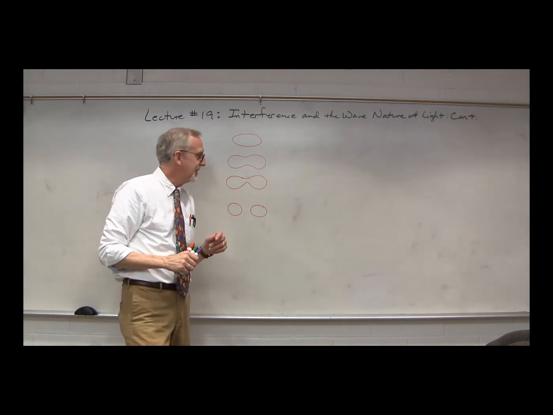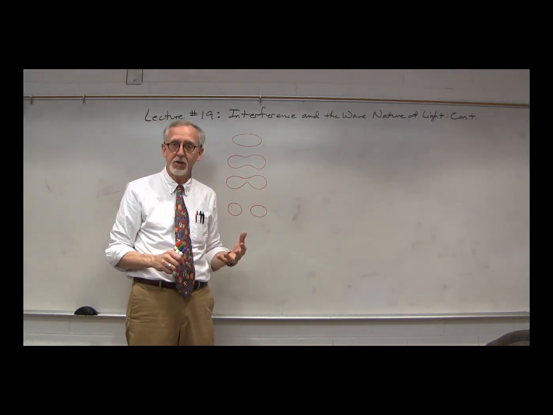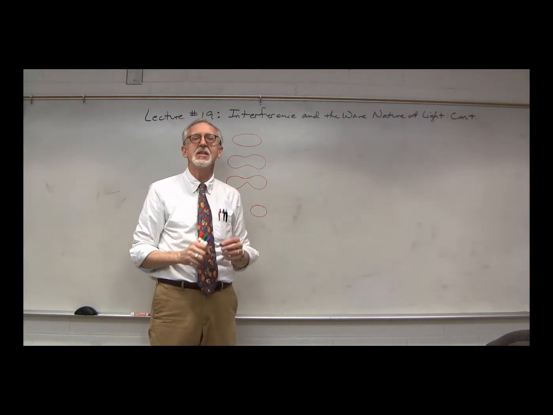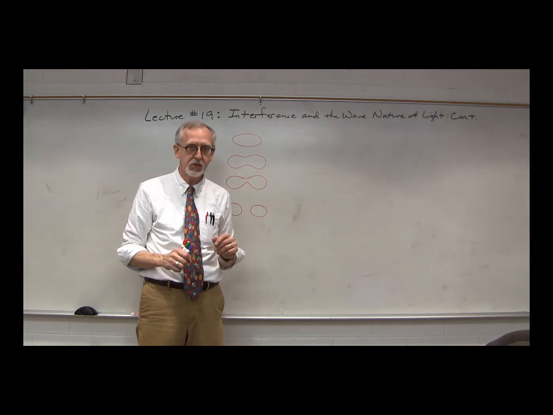So the question is, how close can two sources be to each other and still be able to distinguish them as two sources as opposed to one source?